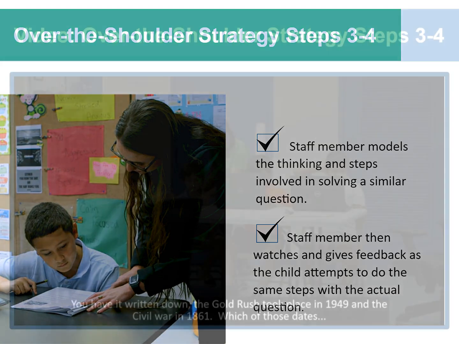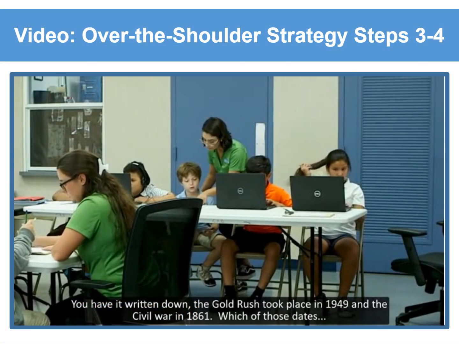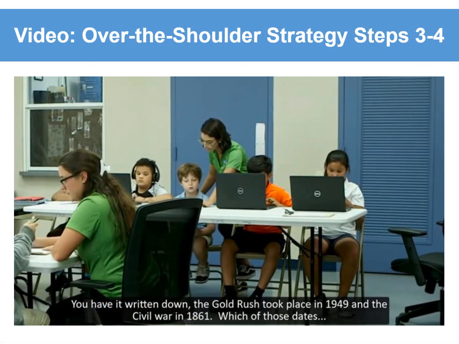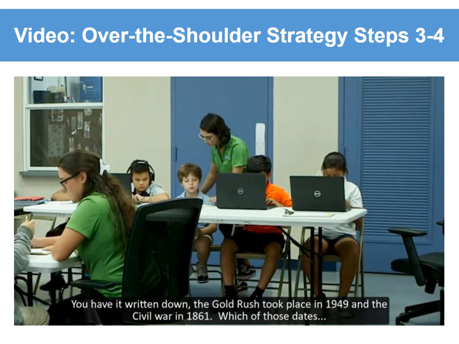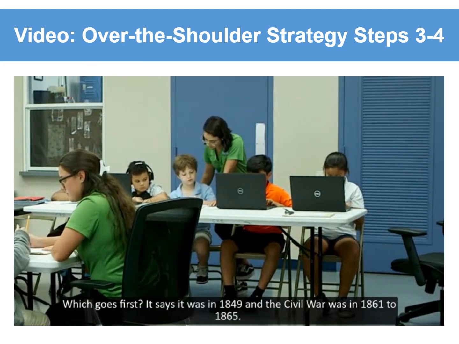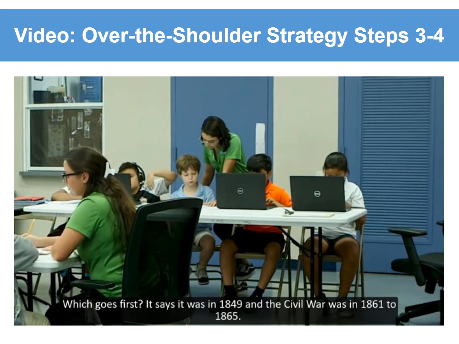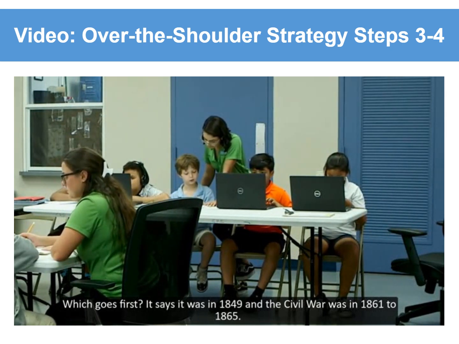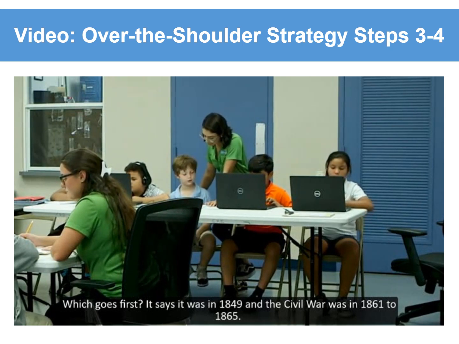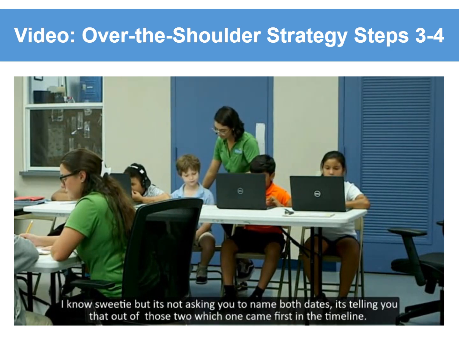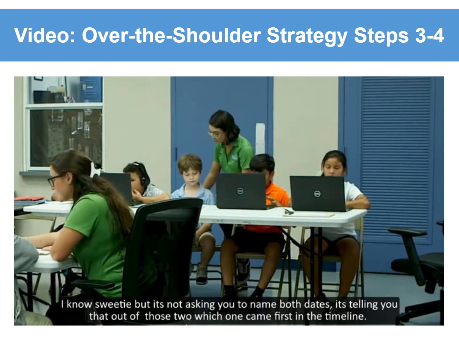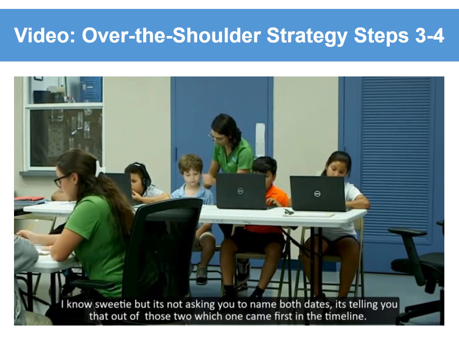You have it written down. The Gold Rush took place in 1849 and the Civil War in 1861. Which of those dates? I said it was first. It says it was in 1849 and the Civil War was in 1861 to 1865. I know, sweetie, but it's not asking you to name both dates. It's telling you to, out of those two, which one came first in a timeline.